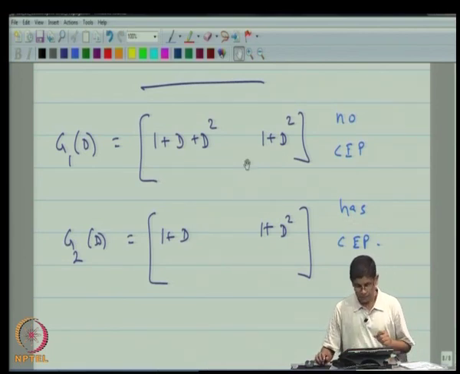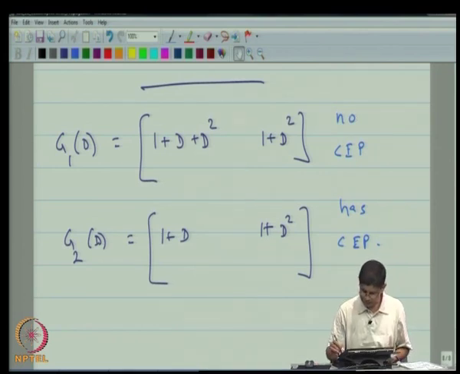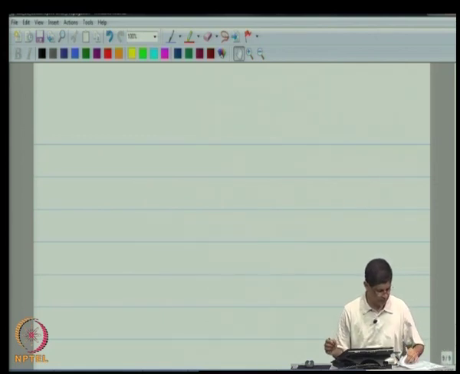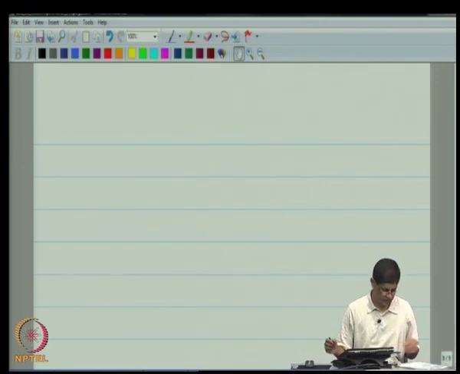So, now what I would like to do is state a theorem which actually tells you precisely when catastrophic error propagation takes place.